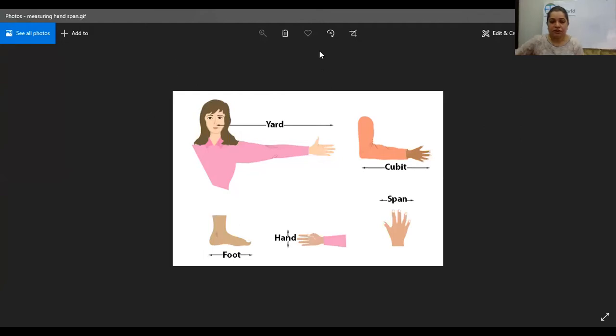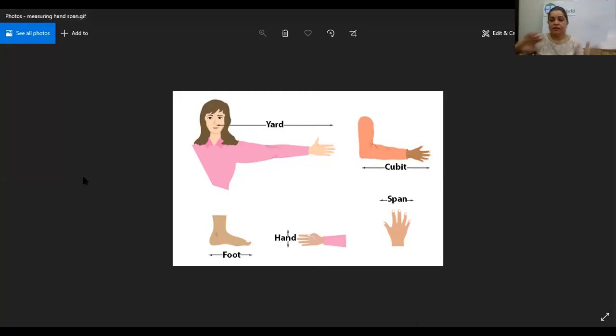Now look at this picture. This is showing the body parts, right? A hand, an arm up to over here, then a full arm, a foot, and a girl who has her arm like this.